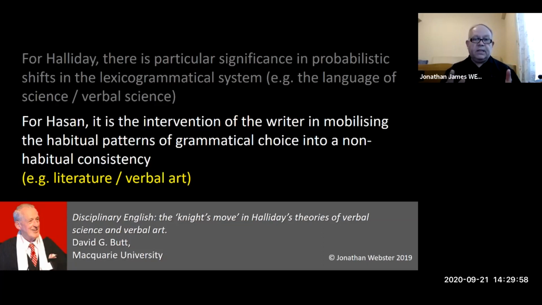Now David Butt says this, and I don't expect you to understand this sentence yet, but hopefully you will. He says, for Professor Ruqaiya Hasan, it is the intervention of the writer in mobilizing the habitual patterns of grammatical choice into a non-habitual consistency.